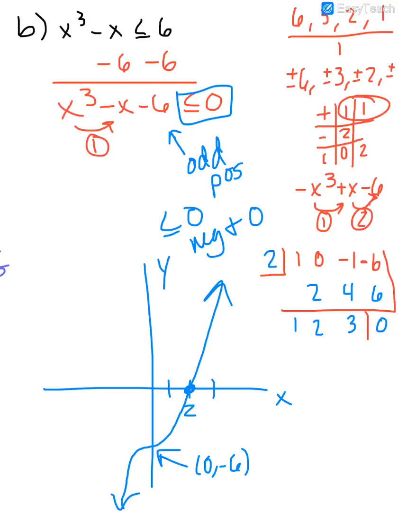So my solution here would start at 2, and I would include 2 because that is where it makes it 0. So 2. And then because negative would be down here, I would have negative infinity, parenthesis.